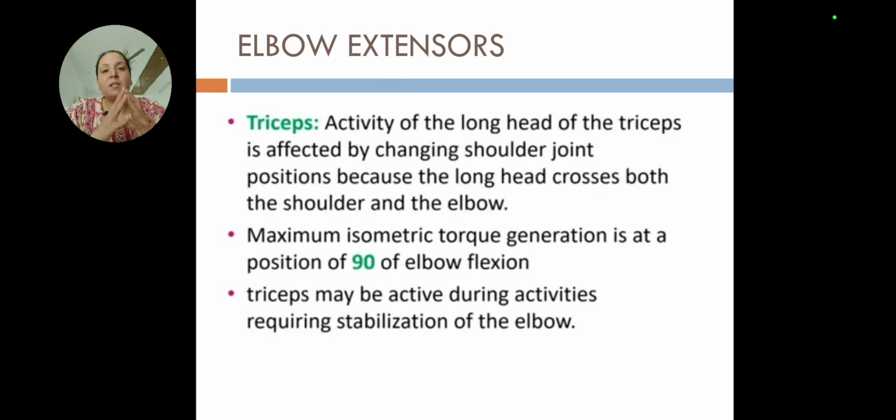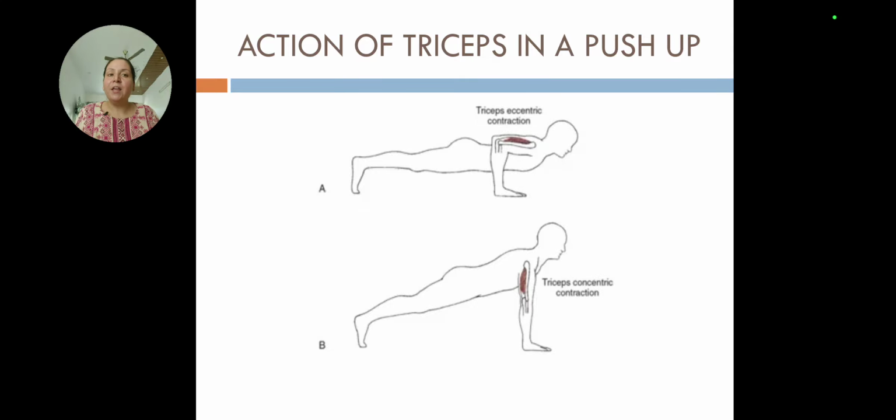This is very important, because in the plank position or push-up position, the maximum torque is produced by the triceps group of muscles when the elbow is at 90-degree flexion. So yes, it is affected by the position of the shoulder joint.